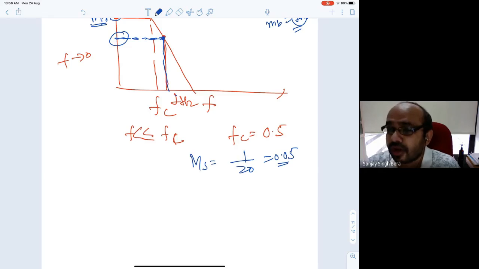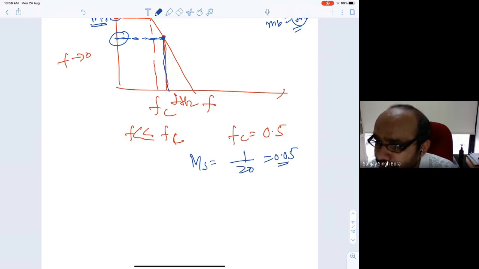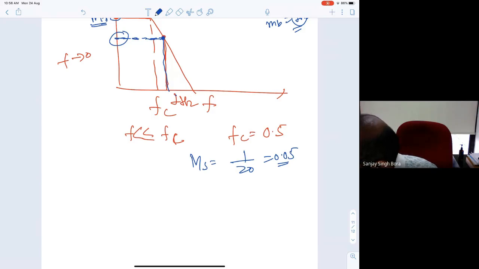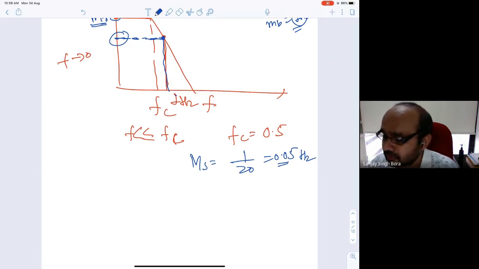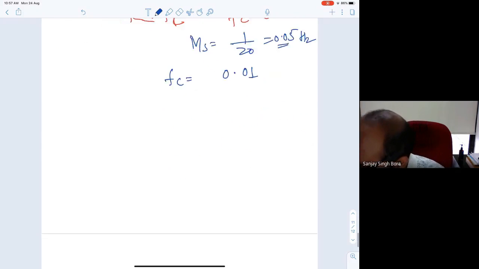As I said, as F tends to 0, the better you are measuring your magnitude. So now your MS is measured at this frequency. In case your FC has become 0.01, what has happened?